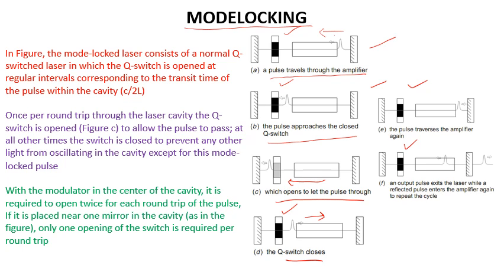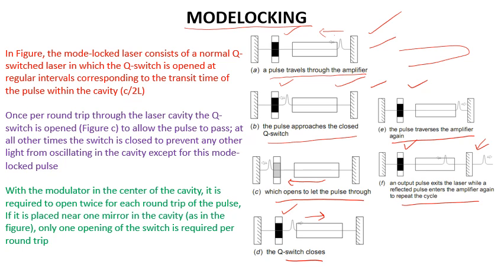Okay, the pulse travels through the amplifier, and from here, this is the output coupler, and the laser light is coming out. So the pulse travels through the amplifier like this.